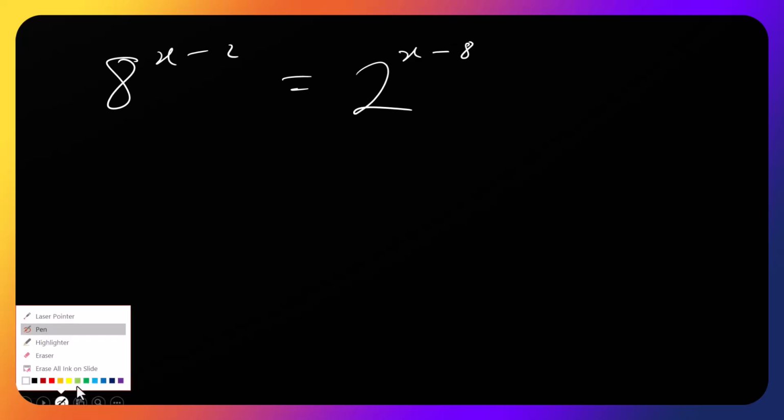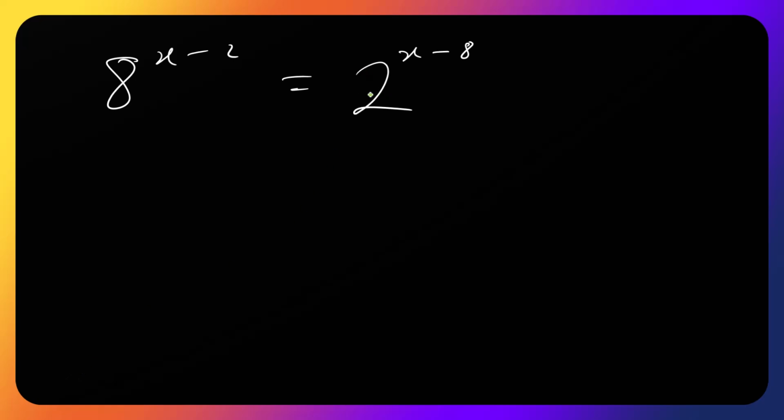Don't forget that the bases are not the same, so we can't equate them. So let's change this one. That will be 2 to the power of 3. 2 to the power of 3 is 8.